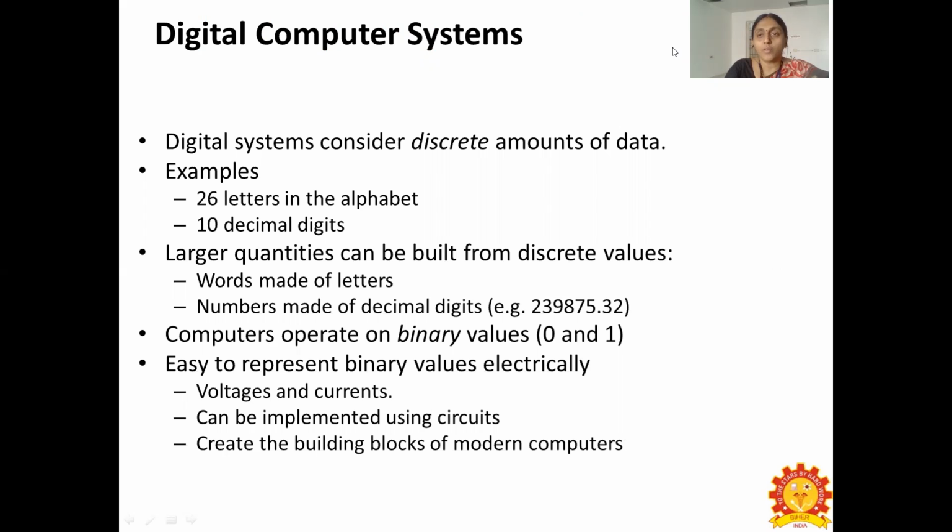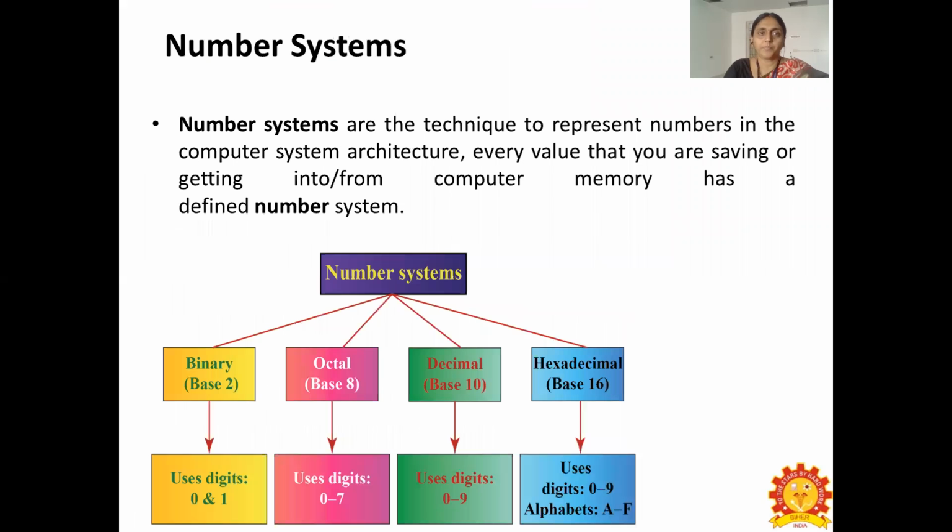And computers will always operate on binary values which are 0 and 1. And it is easy to represent binary values electrically, for example, voltages and currents, and even while implementing in the circuits and creating the building blocks of modern computers, we use digital computer systems.